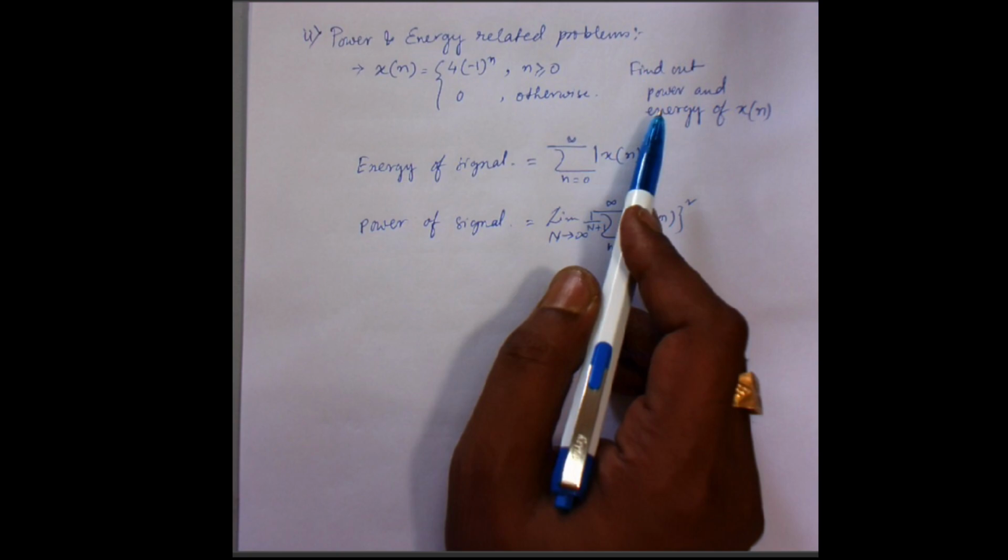So first we will find out, as per the question, the power of the signal. So what will be the power of x of n? I can write the notation P of x of n, that is power of x of n.